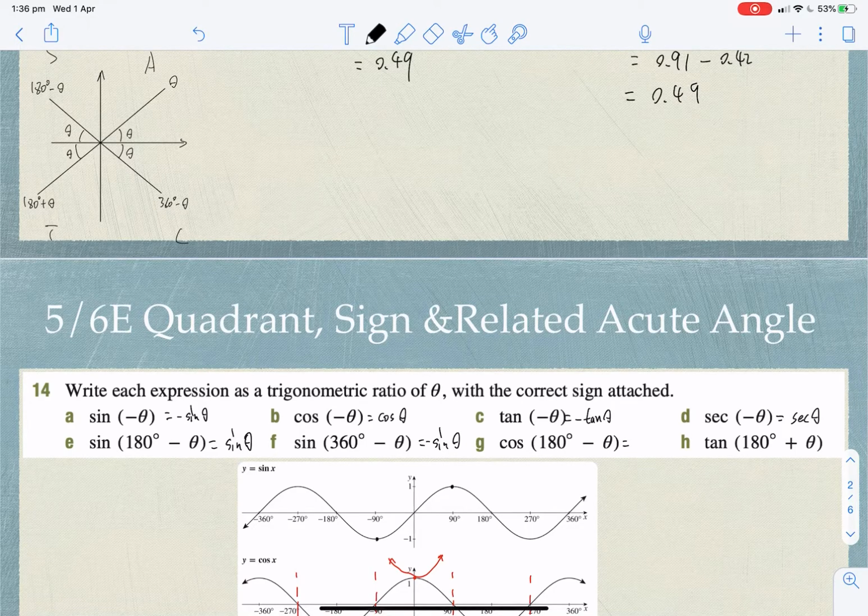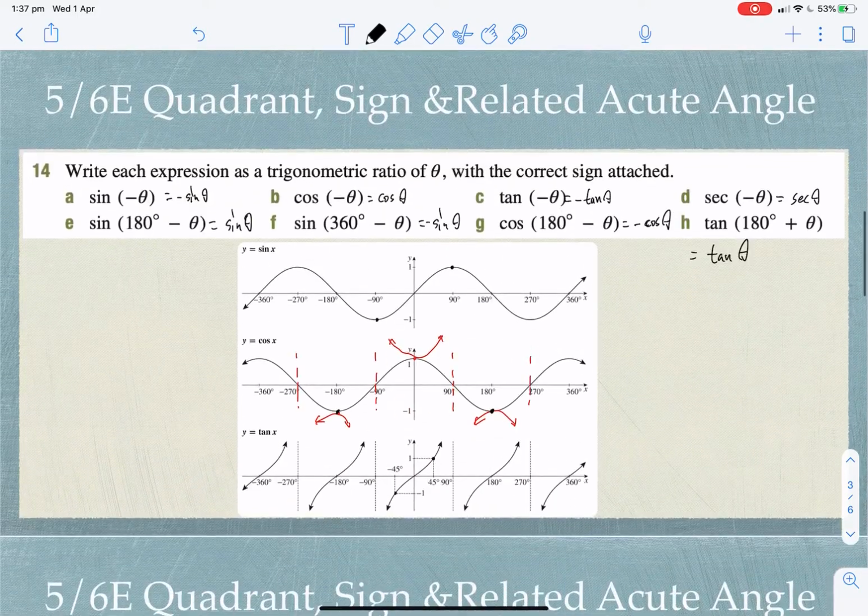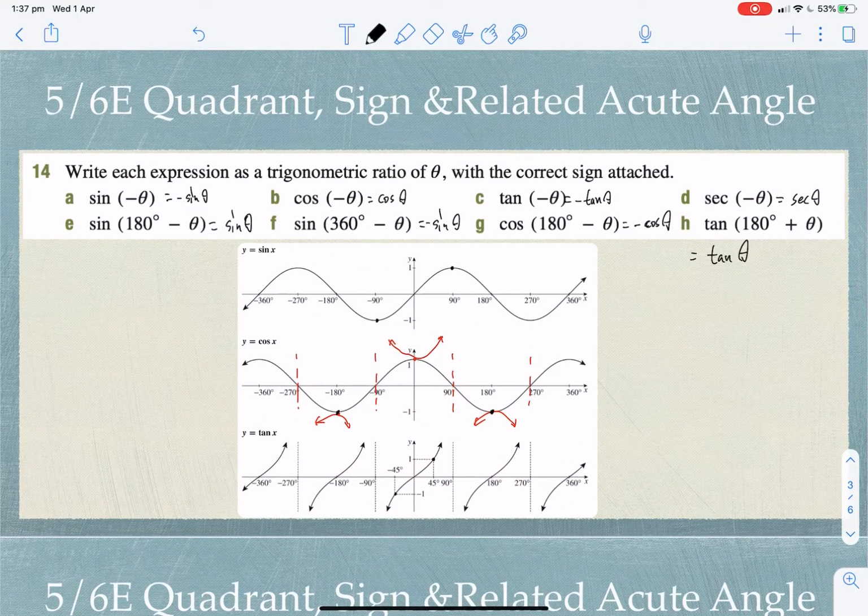So cos 180 minus theta is second quadrant, only sine is positive, so cos is negative cos theta. Tan 180 plus theta, which is third quadrant, 1, 2, 3, so tan is positive, so that means it's the same as tan theta. Simple. If you're not sure, you need to go back and look into part 1, and then it will make more sense.